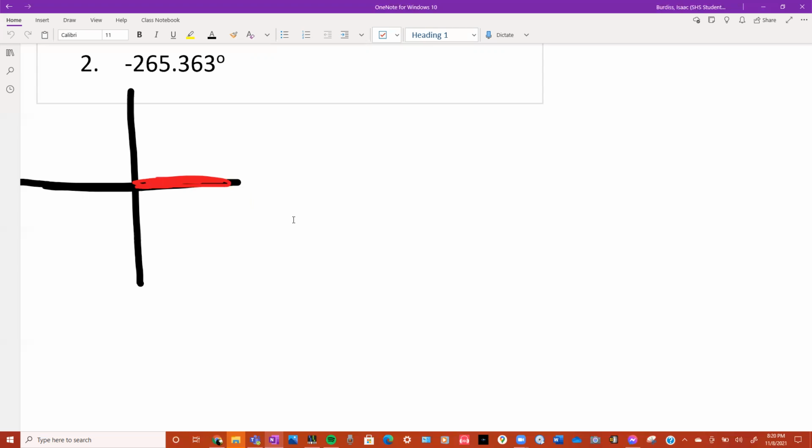But this time, this would be 90 degrees because it's negative. This would be 180. This would be 270. And it's real close to 270, isn't it? So let's do this. We have a clockwise angle, and that would be negative. So that's good. So that's what we graphed.